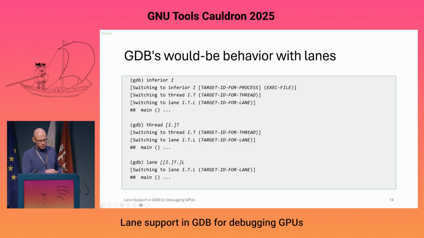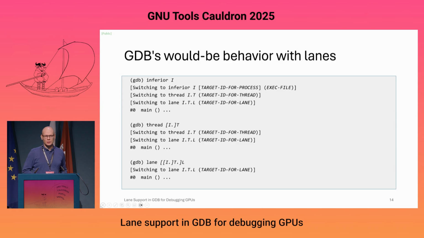If you take a look at these lines, switching to inferior, thread, and lane, there is this information about the process. So there will be a target ID printed for the process in the first line. This is what the target says about what process this is.